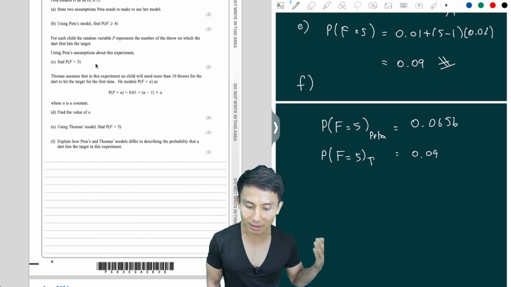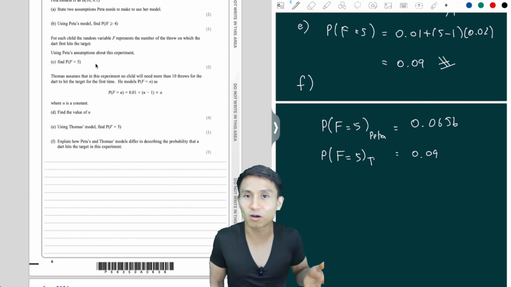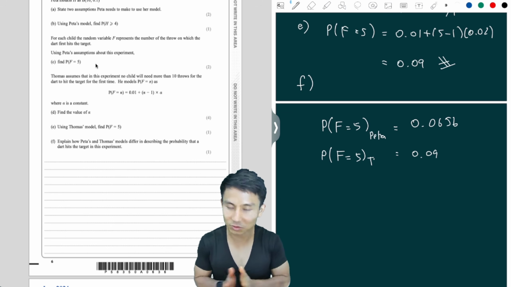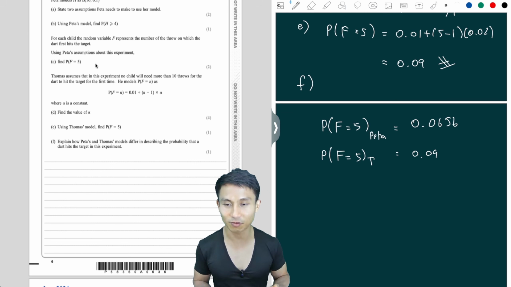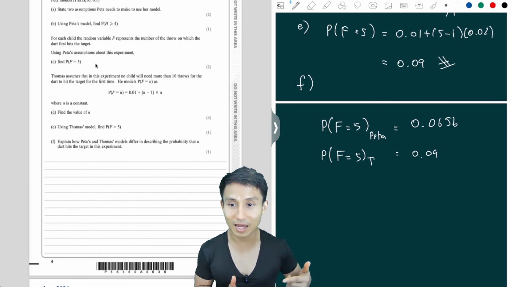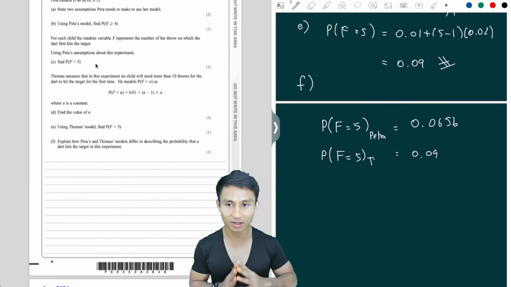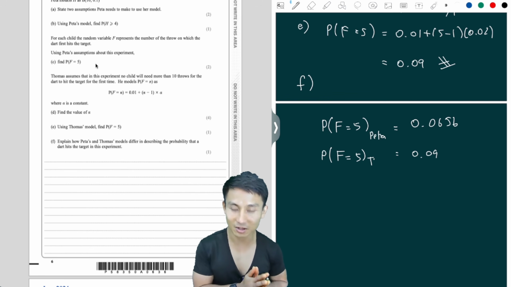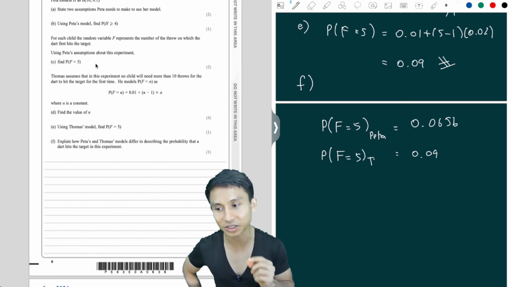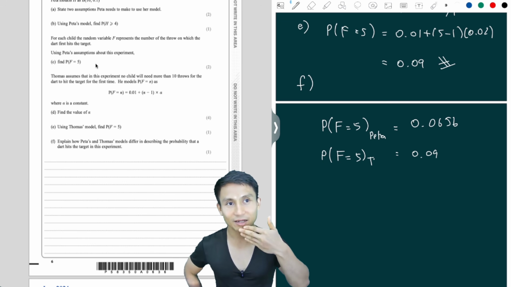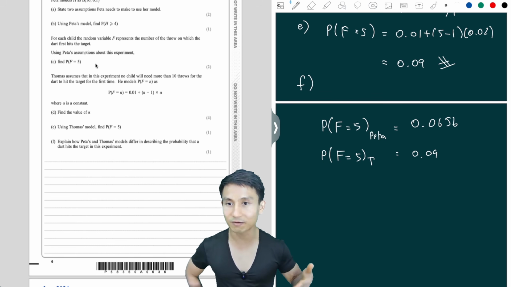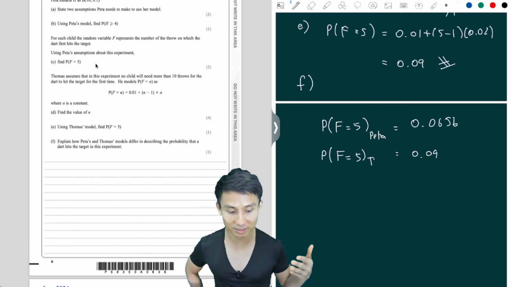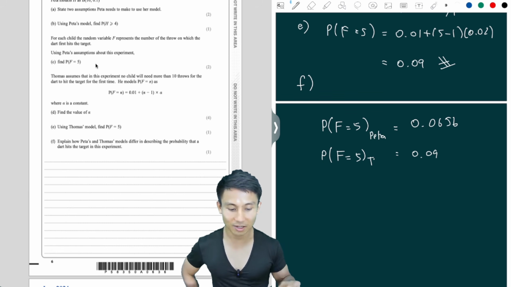That may be something a little off for Peters' model. That's why we see that Thomas's model is a little different, because for the same situation we have a slightly higher probability. I believe that if you calculate P(f = 6) for both cases, you're going to see a larger difference.